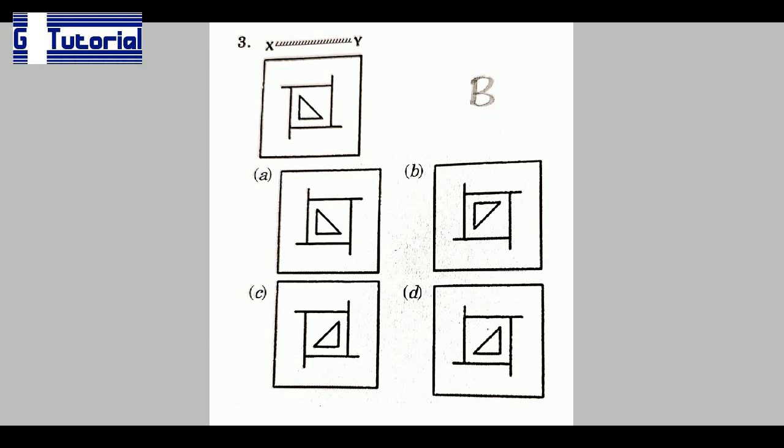What is on our right will appear as our left in the image. Now consider the triangle within this figure. The base of the triangle is on our left, so in the answer figure it will be on our right. The only possible choice is option B. So, we get the answer.